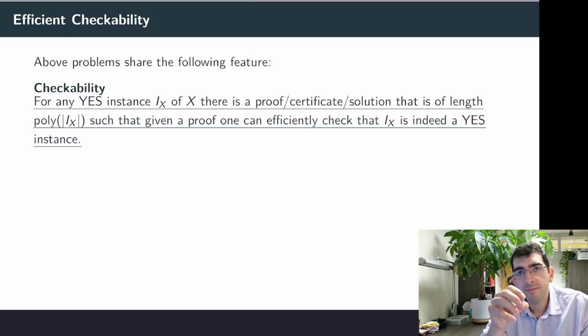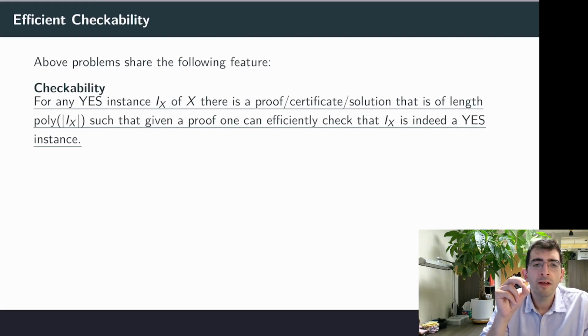But we also know that there should be a way to check that it is a solution to this problem by a deterministic computer in polynomial time. Okay? So that's how we define NP in terms of deterministic computers.